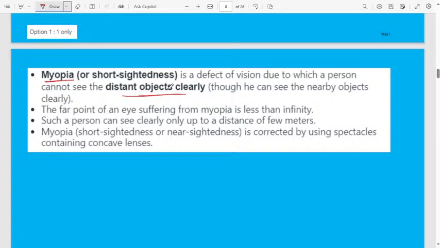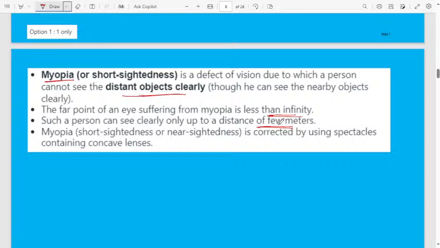The far point of an eye suffering from myopia is less than infinity. Such a person can see clearly only up to a distance of a few meters, and beyond that he is not able to see an object.